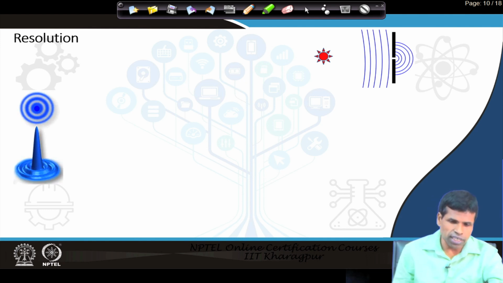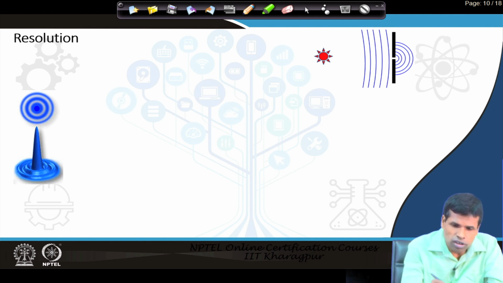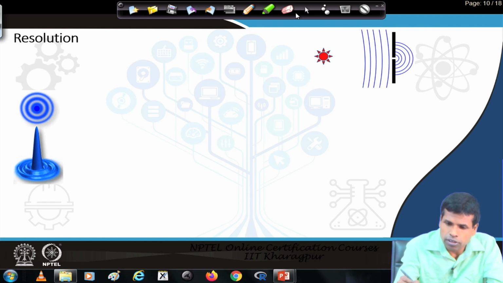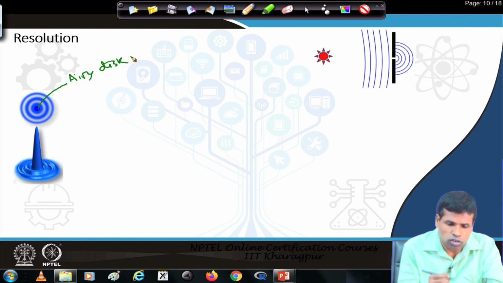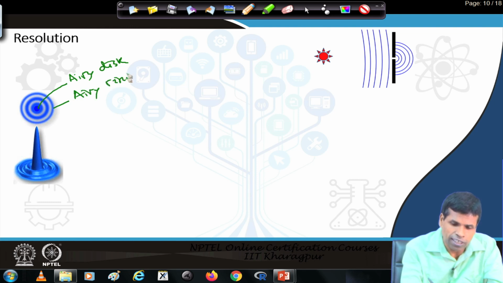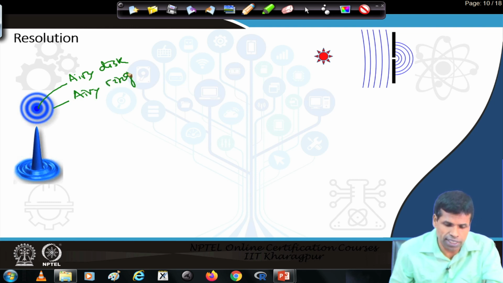That you see here, in the center we have what is called the airy disc. When light passes through a small aperture, instead of giving us a perfect spot, it gives a disc, and around that there are cones or rings, which are called airy rings, with diminishing intensity from the center.